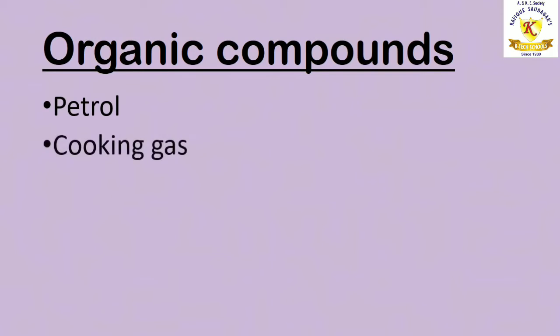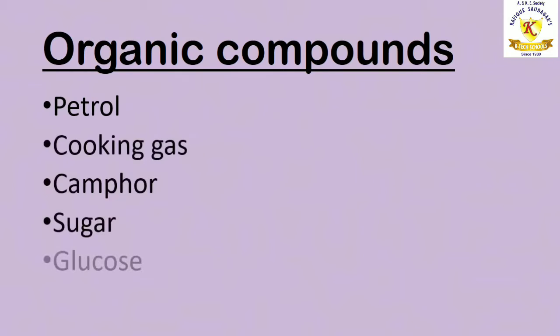Petrol, cooking gas, camphor, sugar, glucose, and urea are some of the examples of organic compounds.